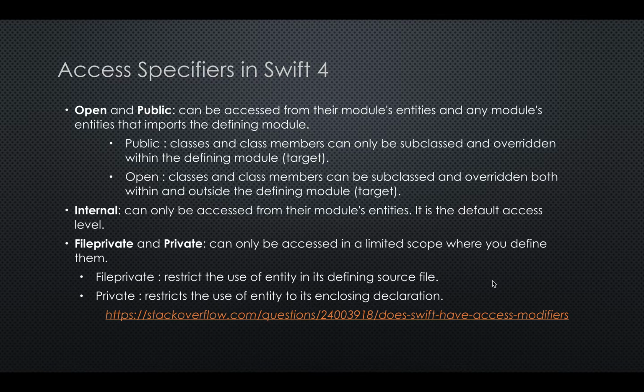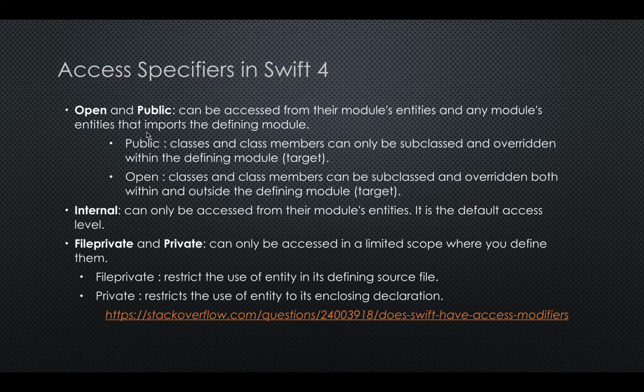File private, as the name suggests, is about the file. When you define anything with file private, it will be accessible in that particular file, whereas private, if you define it in an enclosing declaration, like inside a function, will be used inside the function only. File private makes it available in the file only, in that particular file where you have defined it.